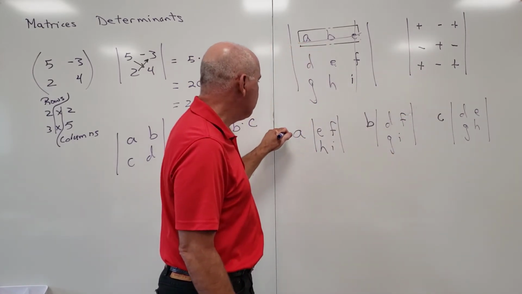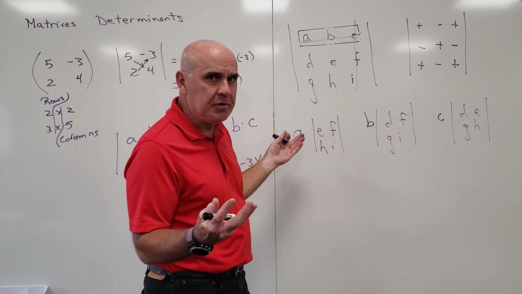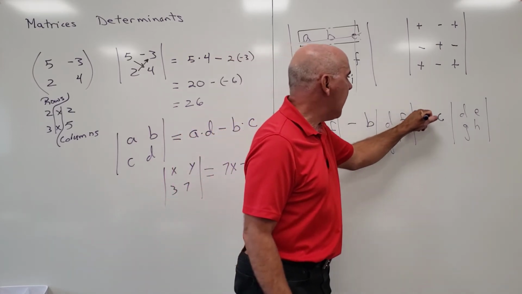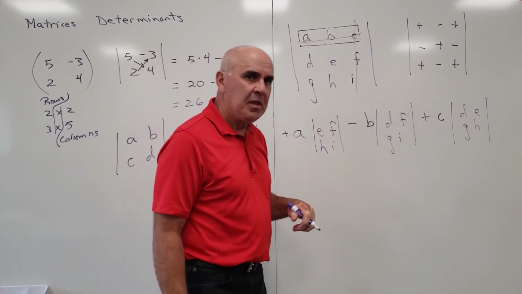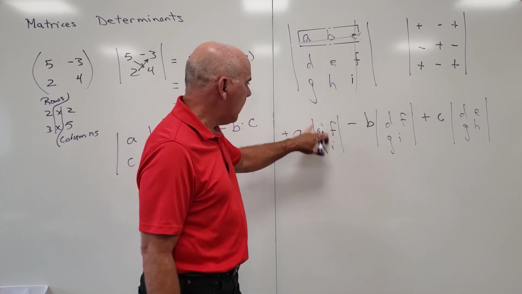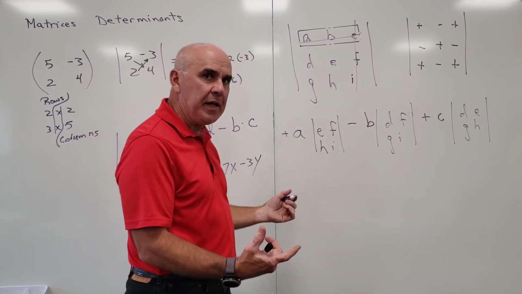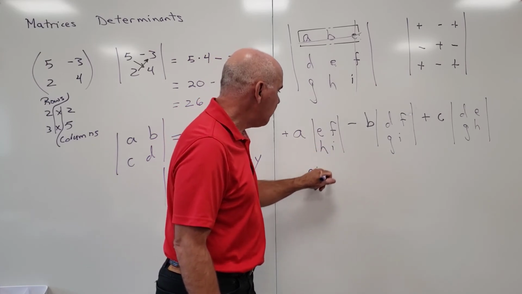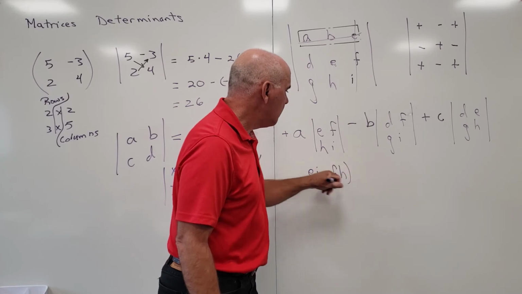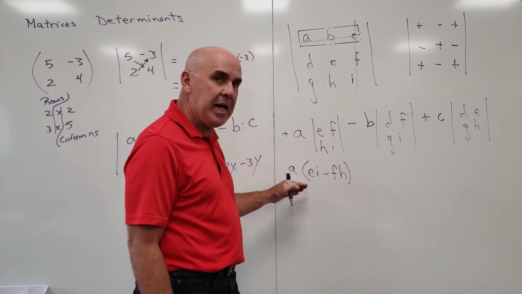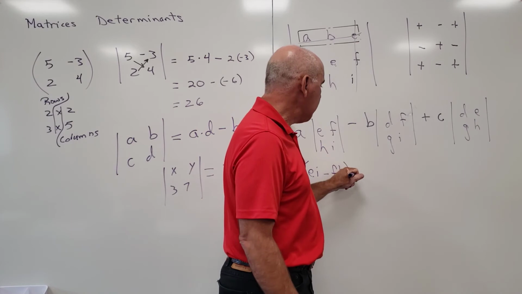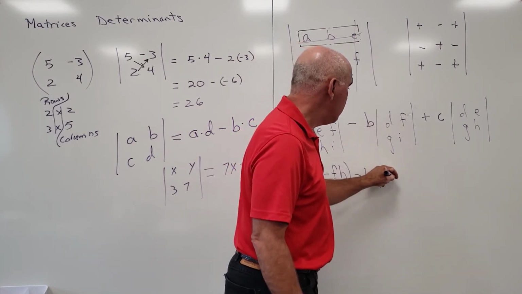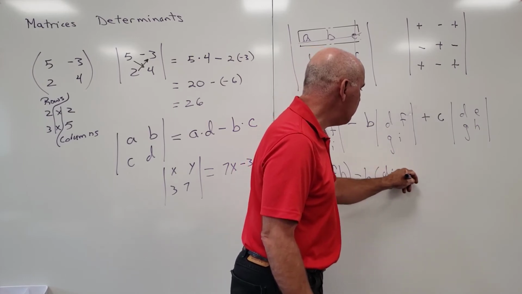And so what this means is, I'm going to add the first part, I'm going to subtract this, I'm going to add that. So this will evaluate to A times this determinant. Well, let's evaluate that determinant. It's EI minus FH. And then I multiply that by A. Subtract B times DI minus FG.